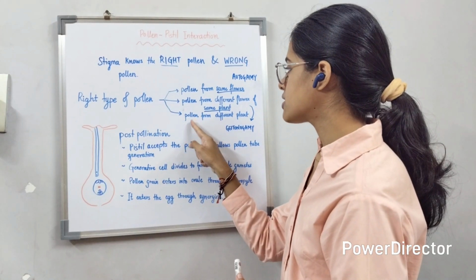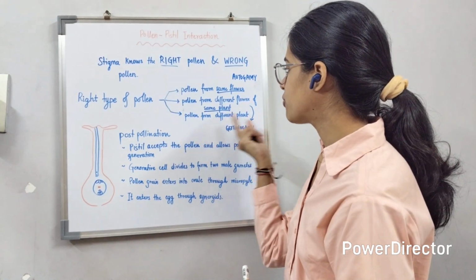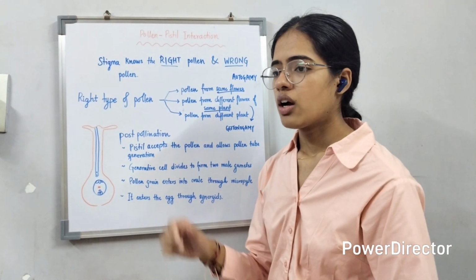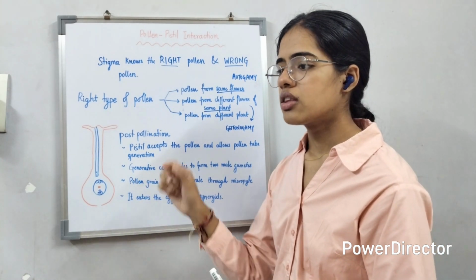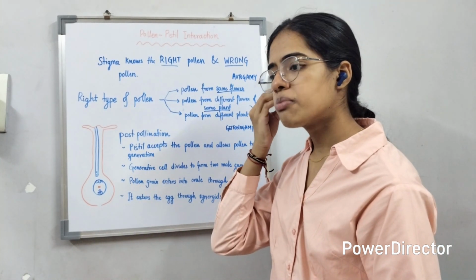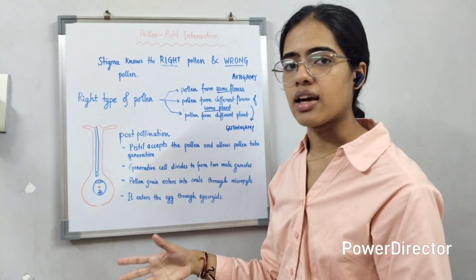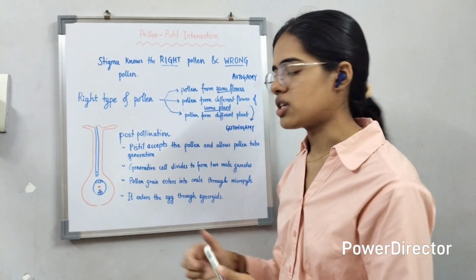The next type of pollen is the pollen grains from a different plant, of the same species. There are different plants which may be present around the same area, but they are of the same species.